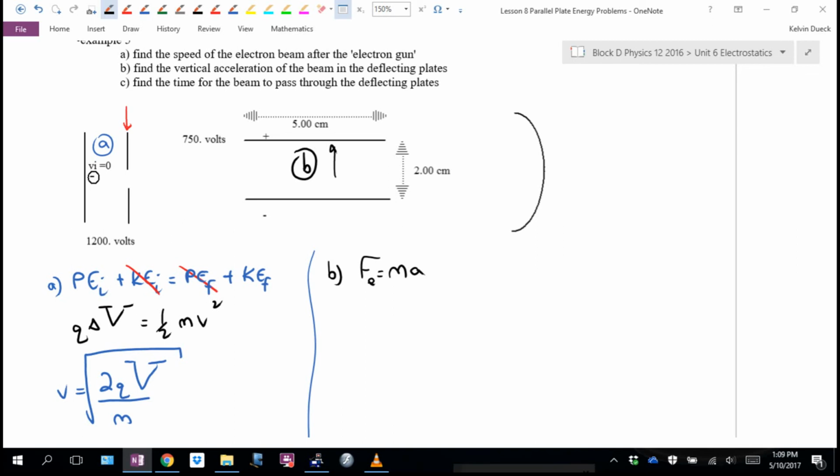Oh, Jess, there's another equation that has an F in it. Can you get the F by itself, please? I like to write QE because that way it looks a lot more like mg from gravity. I'm trying to relate everything to stuff I kind of know already. So QE equals MA.